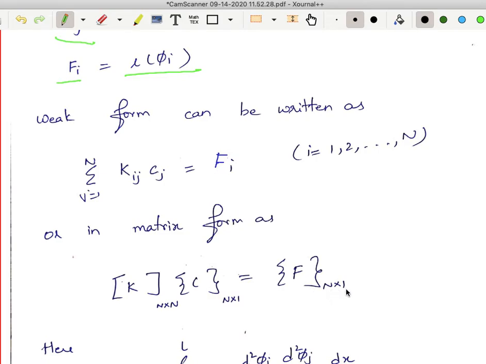So in the Rayleigh-Ritz method, when we are evaluating the weak form statement for capital N number of weight functions, the resulting equations can be written in matrix form as Kc equals F. Now what is known or can be determined, and what are the unknowns in this matrix equation?